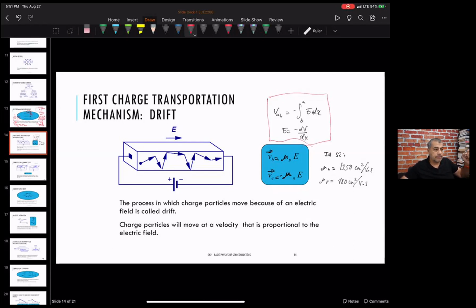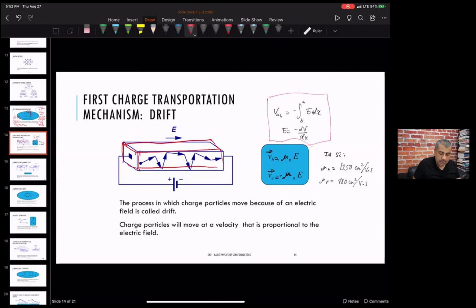That's why it's called that. What happens, and this happens in a conductor too but certainly in a semiconductor, is say this is silicon. A silicon crystal is full of atoms.